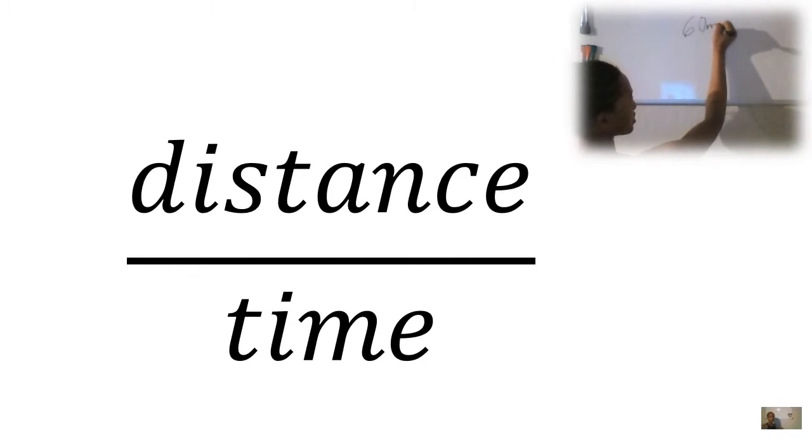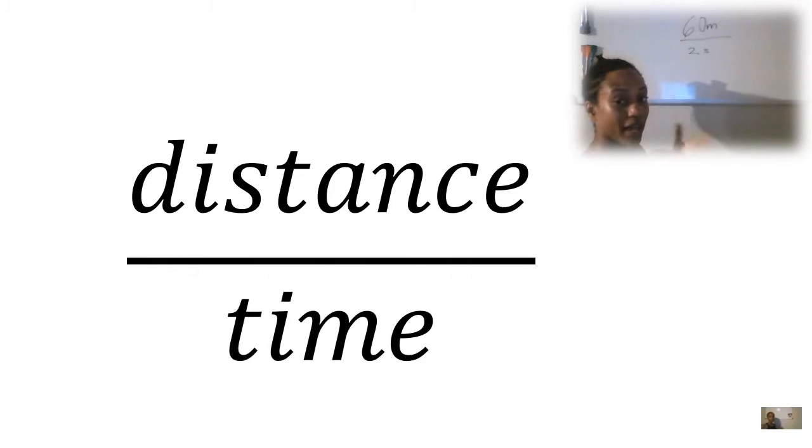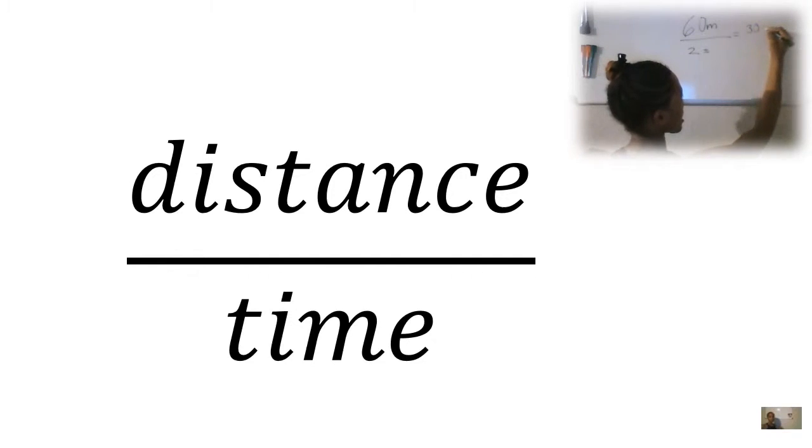Then my average speed, and speed again doesn't take into account any sort of direction. It's just telling you a magnitude, okay? My average speed is going to be 30 meters per second.